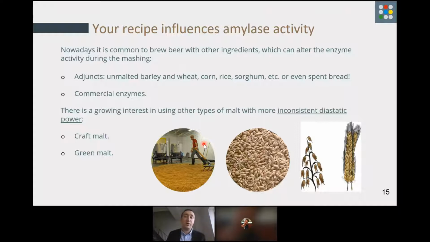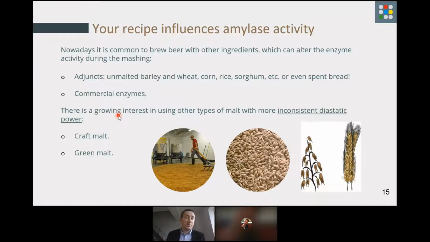Sorghum is very popular in places like Africa, or even spent bread is also used for beer production. At the same time, it's common to add enzymes to supplement or to make sure that there's enough sugar conversion during the mashing.